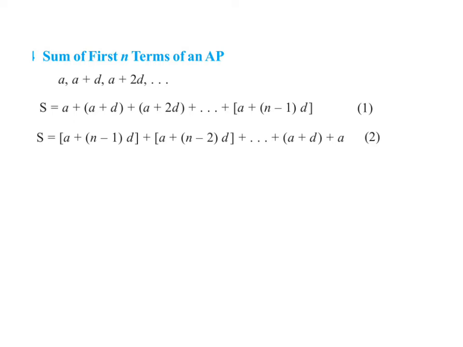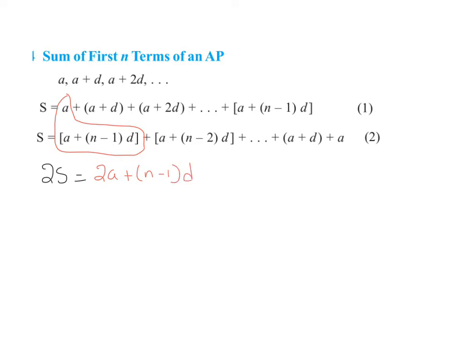Now when we add the two equations, what do we get? 2S will be equal to, if I add the first term of the first equation with the first term of the second equation, I will get 2a plus n minus 1 times d.